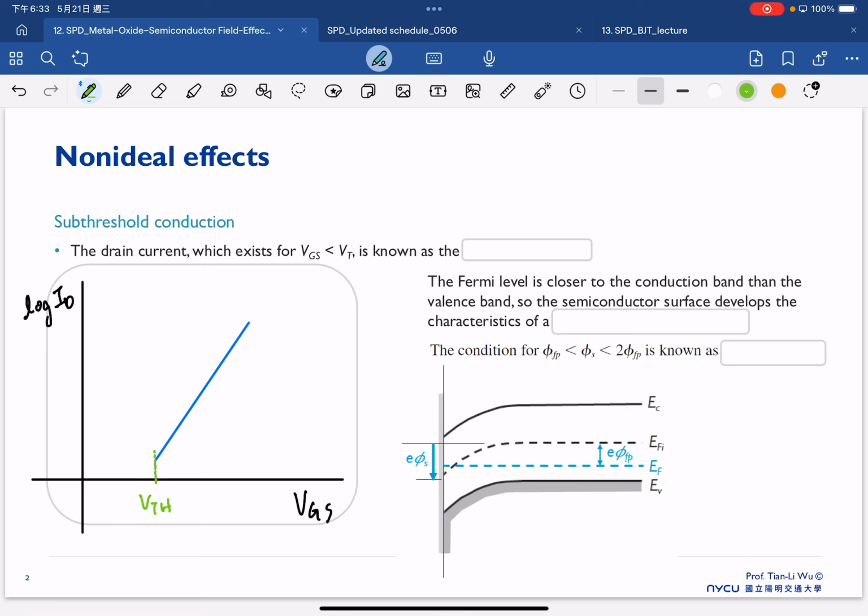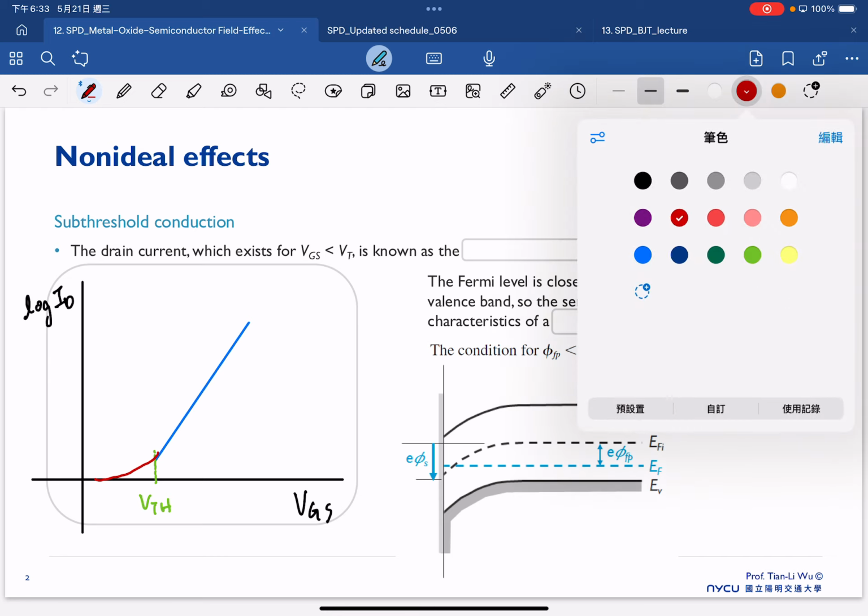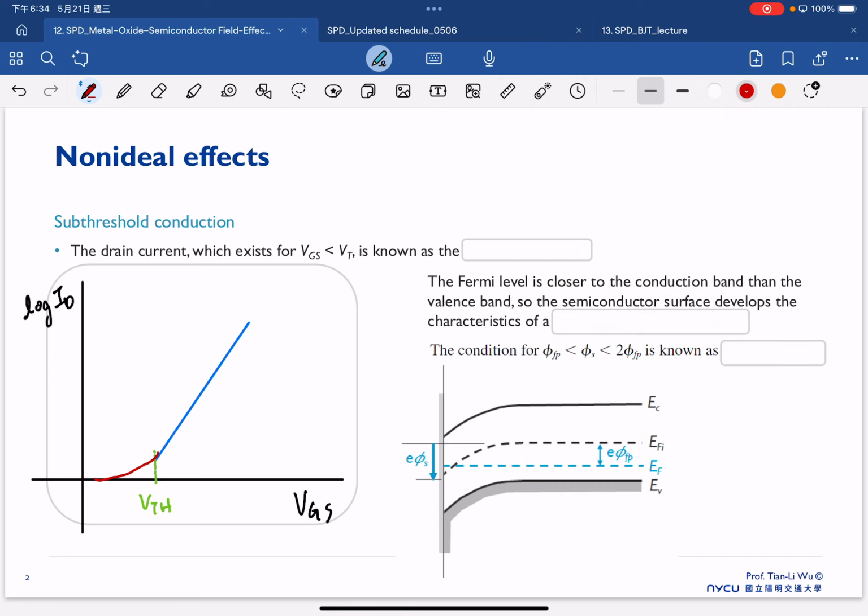But that's in the linear scale. In log scale, you will find that below this threshold voltage, the current gradually increases.